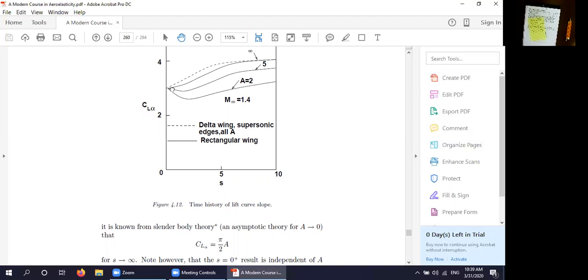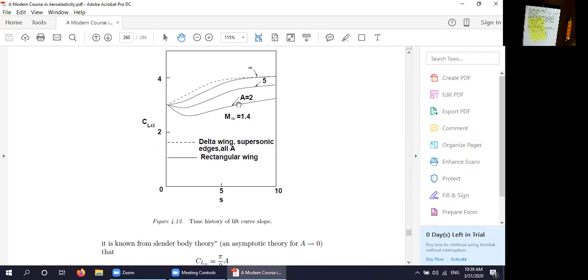So if you go back to that earlier curve for Mach number 1.4, where we plotted CL alpha versus time, the two-dimensional case is this dashed line. And these other cases are for smaller aspect ratios. Note that as the aspect ratio gets smaller, there's a smaller variation in the lift curve slope with time, and that's typical of three-dimensional flows.